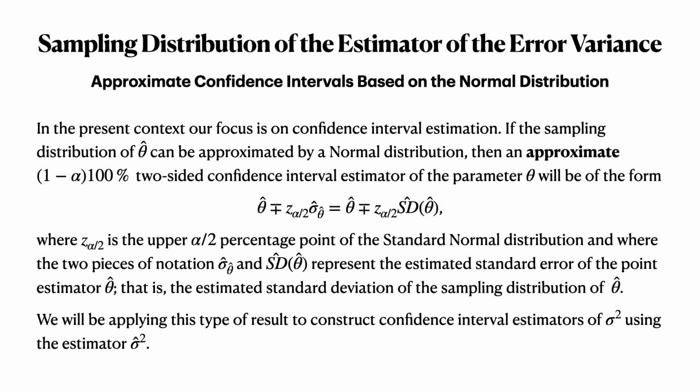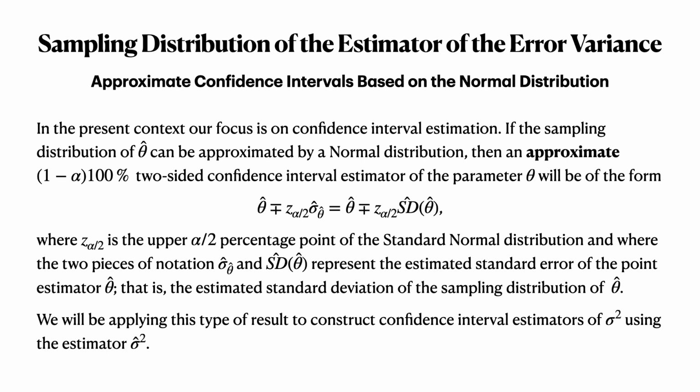The point estimator, theta hat, and then minus plus the estimated margin of error, which is the product of an interval coefficient, in this case coming from the standard normal distribution, and the estimated standard error of theta hat, so sigma hat sub theta hat.